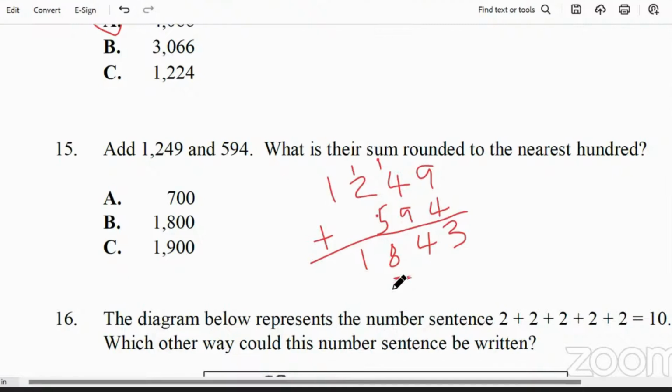If it's 5 or more, we add 1 to the digit in the rounding place. If it's less than 5, we leave the digit in the rounding place alone. So in this case, the digit to the right is less than 5, so we're not going to be adding anything to the 8. So it's nearer to 1,800, okay? So our answer is B.